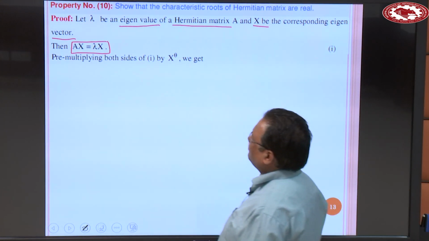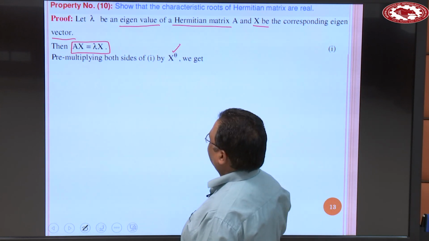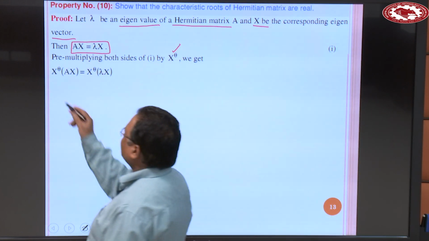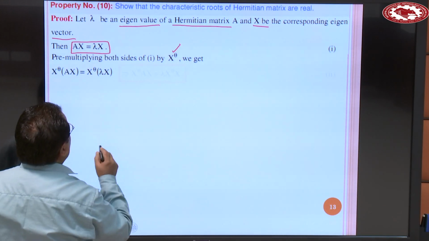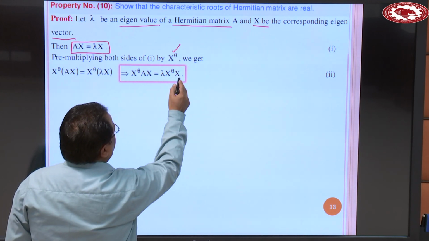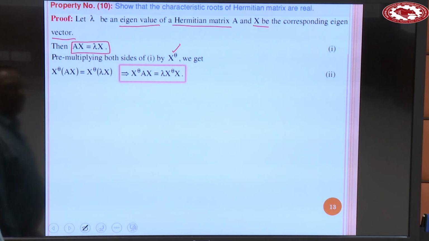Now pre-multiplying both sides by x theta, we obtain x theta Ax is equal to x theta lambda x, which is equal to lambda x theta x. This is expression number 2.